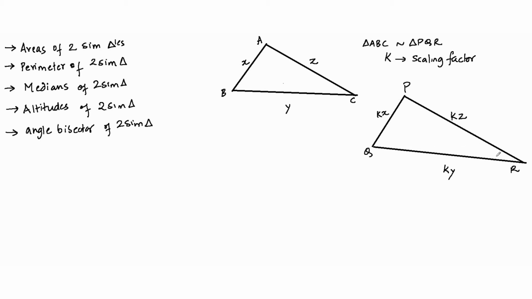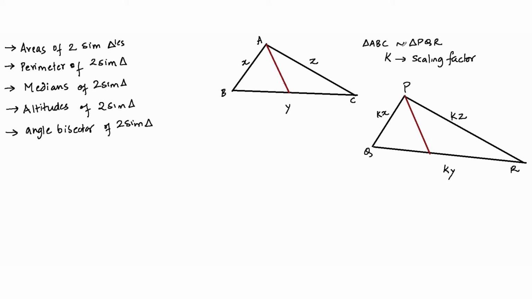So the sides are KX, KY and KZ. Now what I'm trying to do is find the ratio of their corresponding angle bisectors. So let me draw the angle bisector of A as in here, and let me also draw the angle bisector of angle P. Okay, so I've drawn the angle bisector.